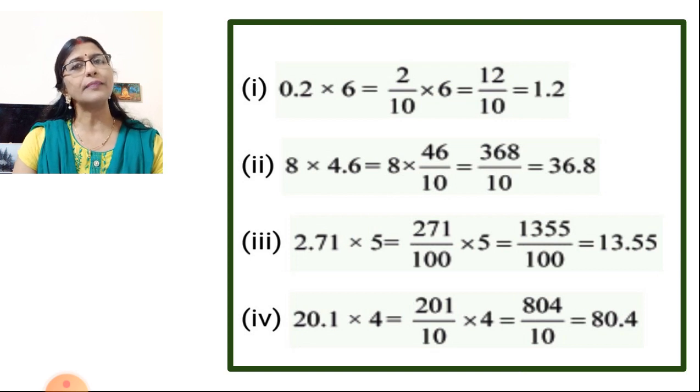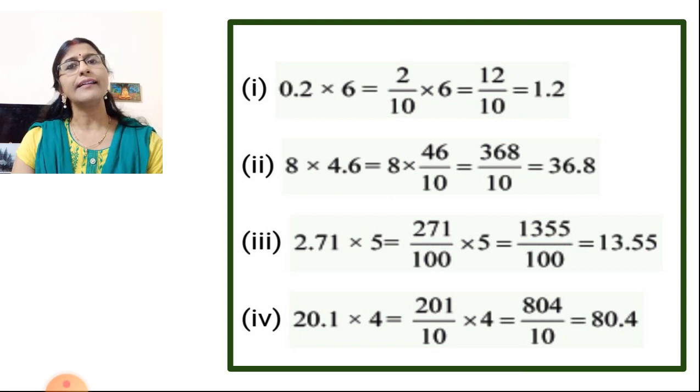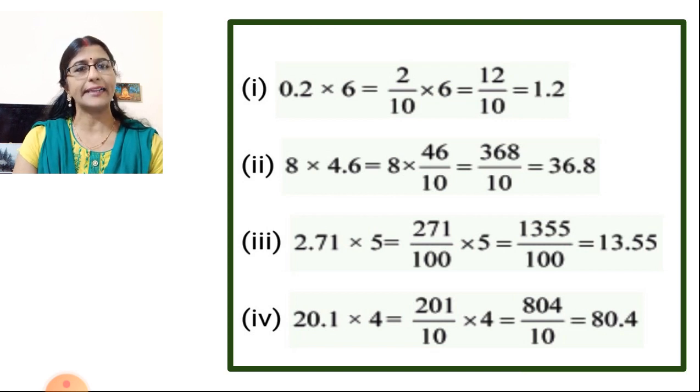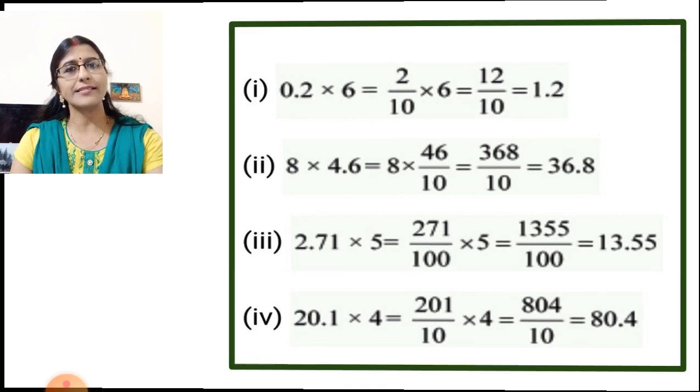Then we multiply these two numbers, 201 into 4. You will get 804 divided by 10. Now again we have to shift the decimal point to the left side, because we are dividing 804 by 10. 10 has one 0, you can see. So the decimal point will be after 80. That means you will get 80.4. So that will be the answer.